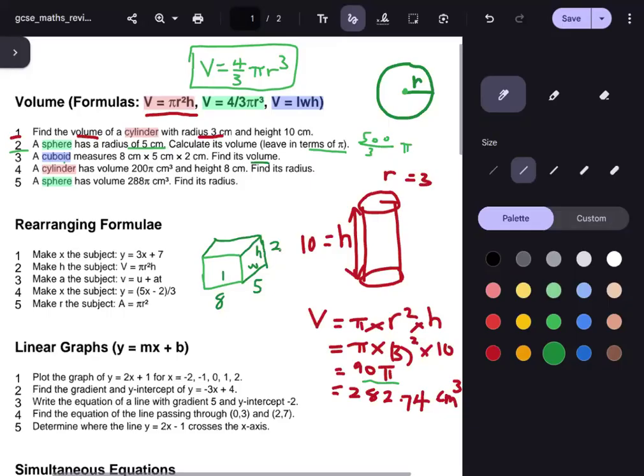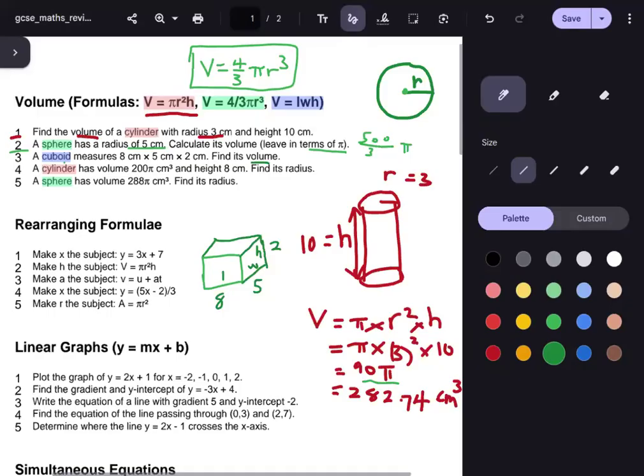And you're just multiplying them together. So what do I do? 8 times 5 times 2. 80? Yes, that is correct.